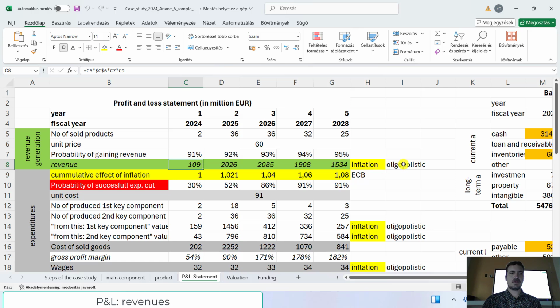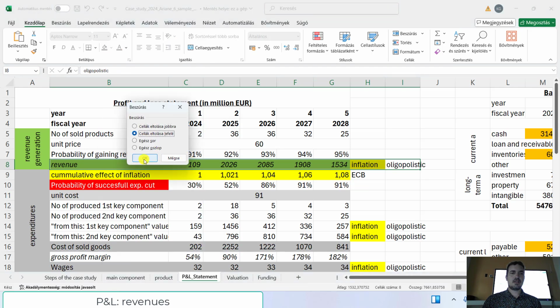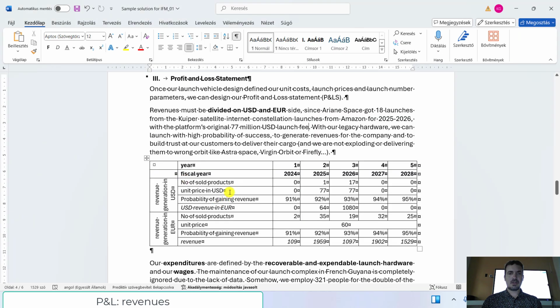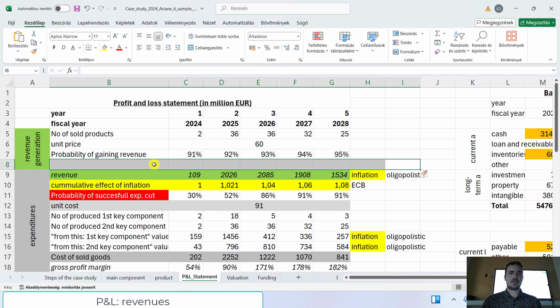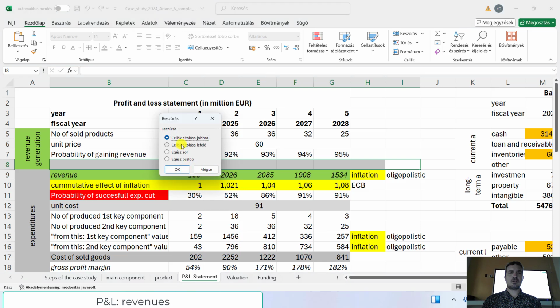So this part we should just ask downwards. How many of them? Unit price in USD, that's one thing, and USD revenue, then one more.